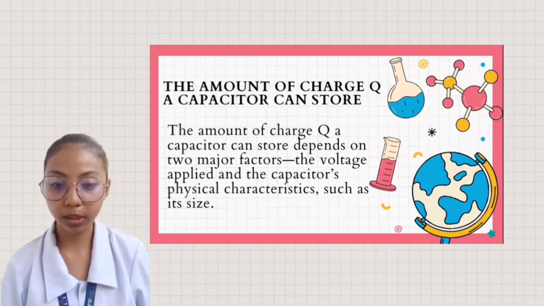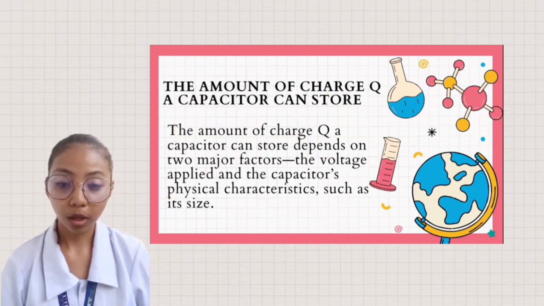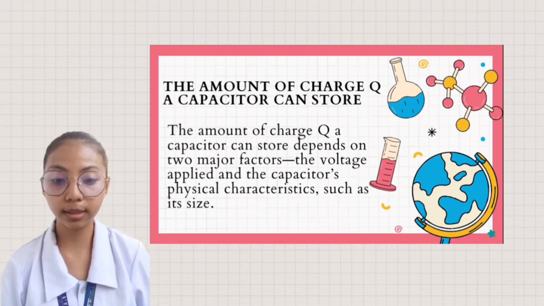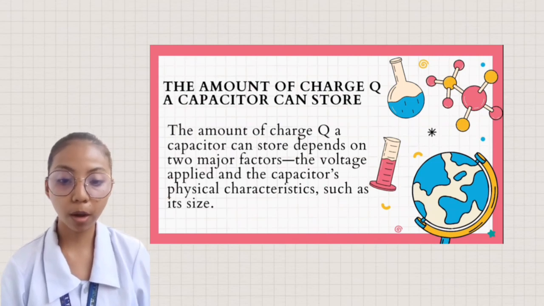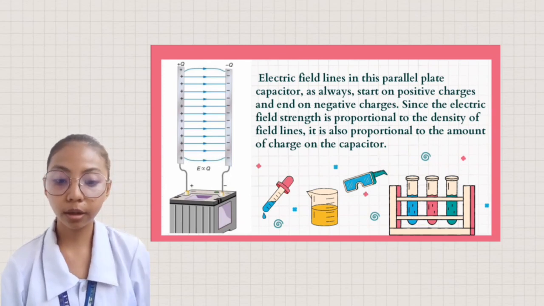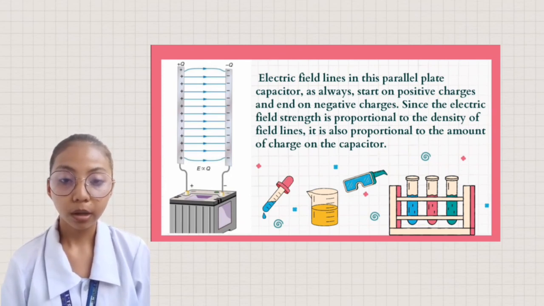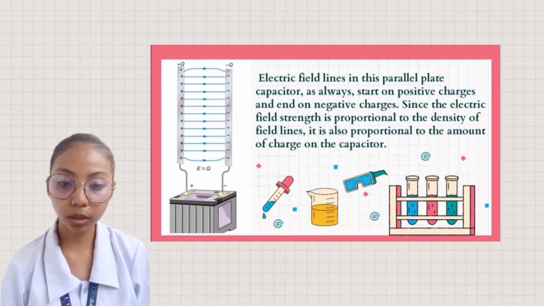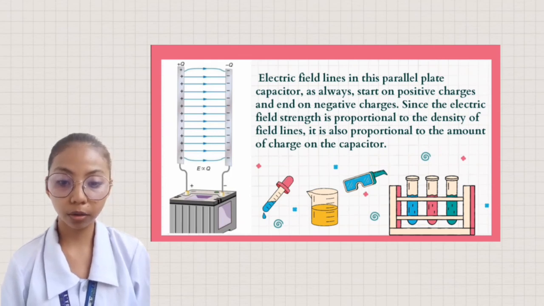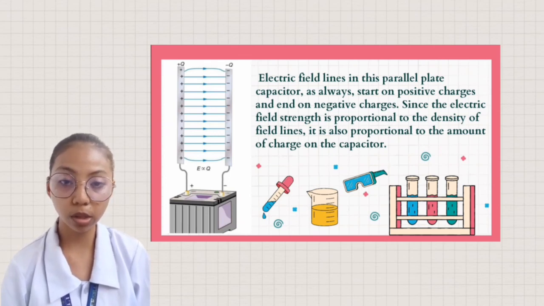Electric field lines in this parallel plate capacitor, as always, start on positive charges and end on negative charges. Since the electric field strength is proportional to the density of field lines, it is also proportional to the amount of charge on the capacitor. So, in a parallel plate capacitor, electric field lines start on positive charges and end on negative charges, depicting the directions of the electric field between the plates.